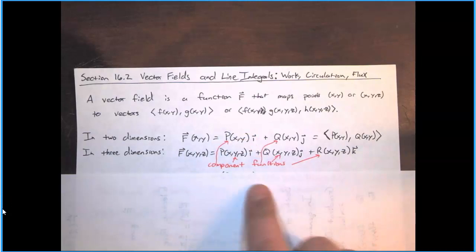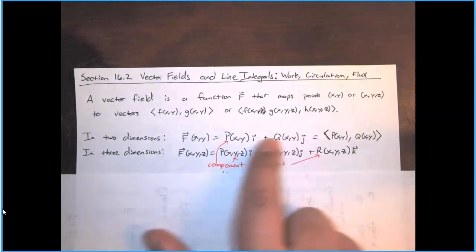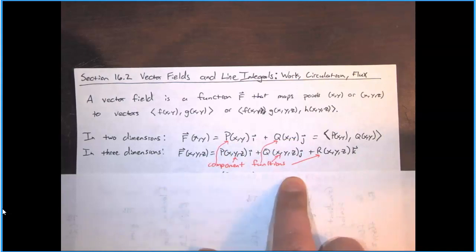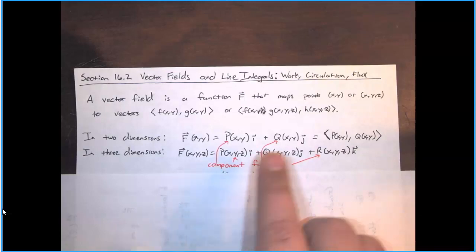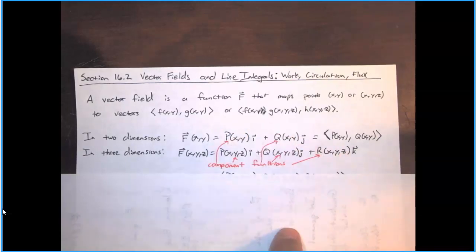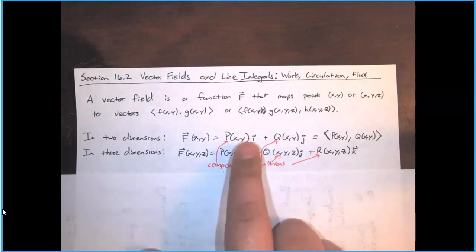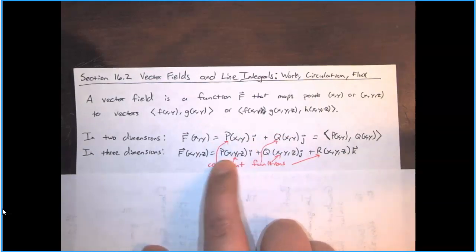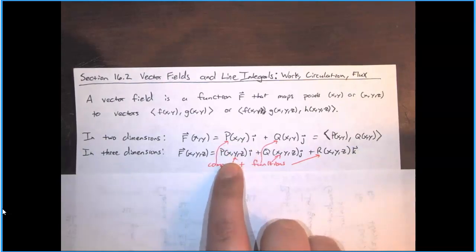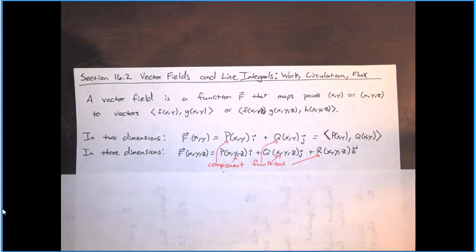Now all of these P, Q, and R, these are functions of 2 variables, these are functions of 3 variables, those are called component functions. It's the same thing that we had in chapter 13, it's just in chapter 13, these were all functions of 1 variable, now they're multivariable functions. So each one of these, you have multiple variables going in, and the output is a single number, so that when you put these together, you get a vector.